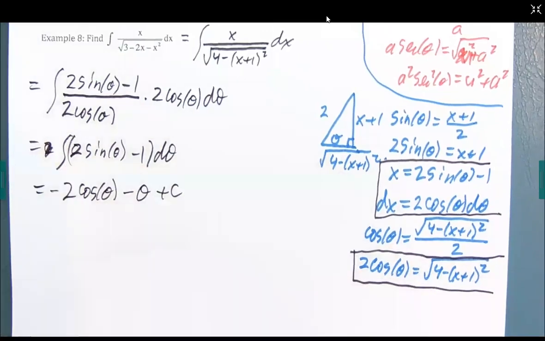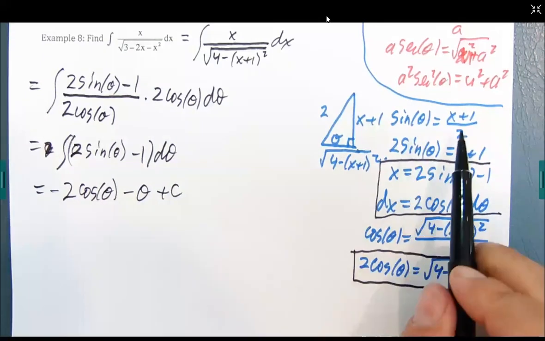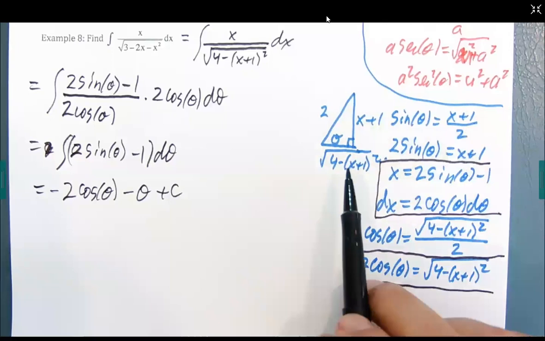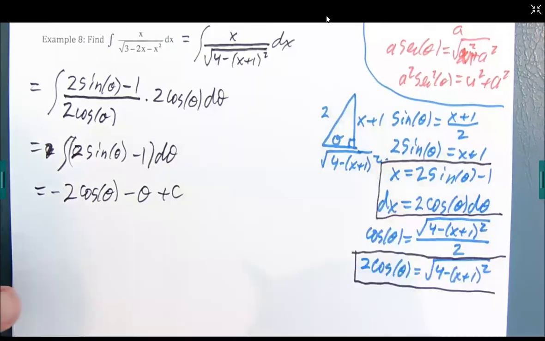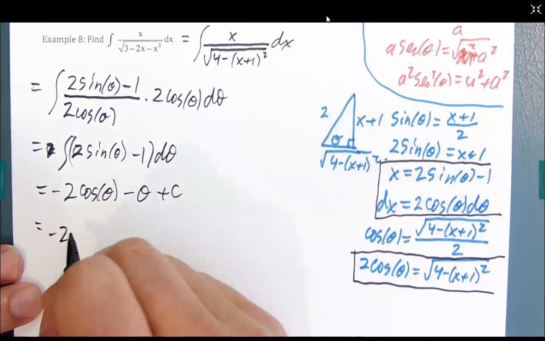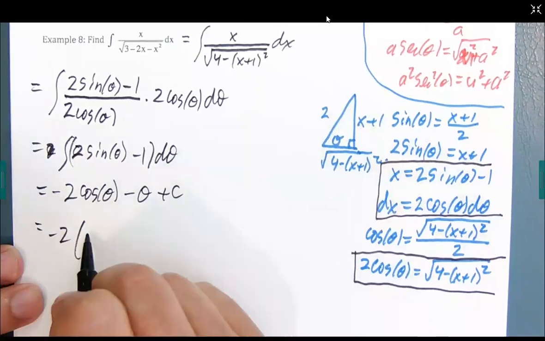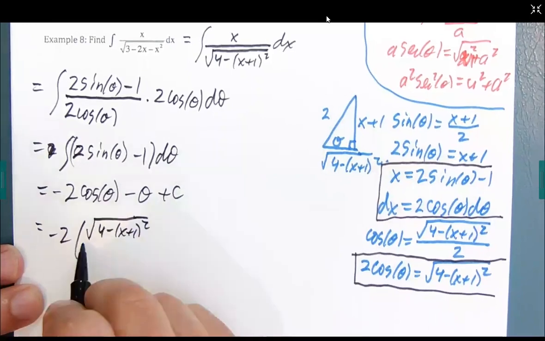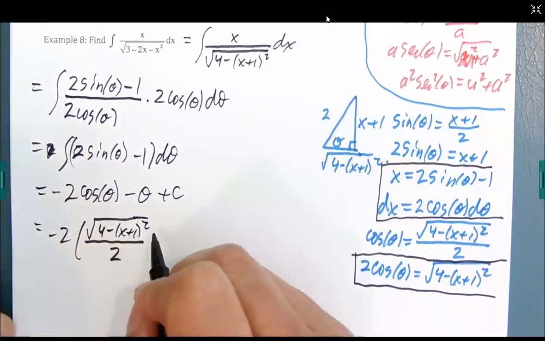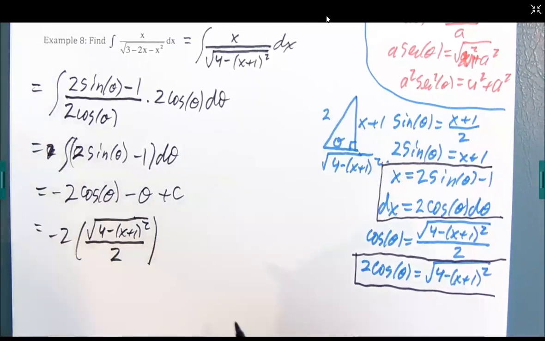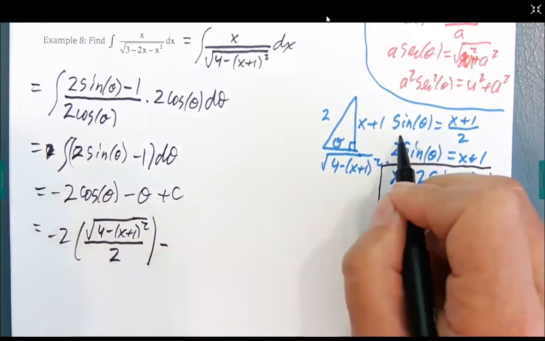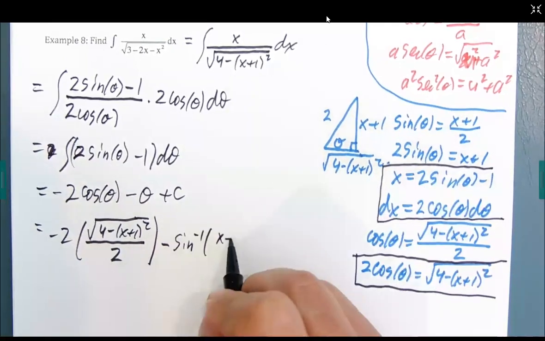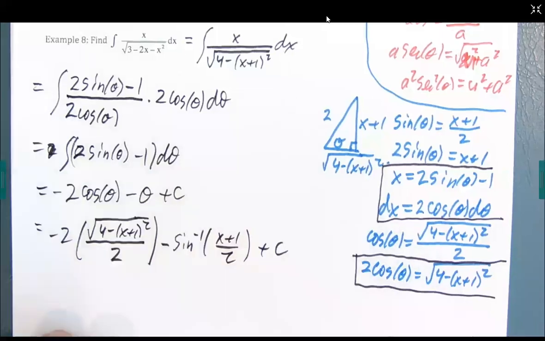Now, theta by itself is going to be inverse sine of that. And cosine is going to be the adjacent over the hypotenuse. So this is going to give us negative 2 times the adjacent, which is the square root of 4 minus x plus 1 squared, over the hypotenuse, which is 2. Then minus inverse sine, so I'm getting that from here, inverse sine of x plus 1 over 2 plus c.